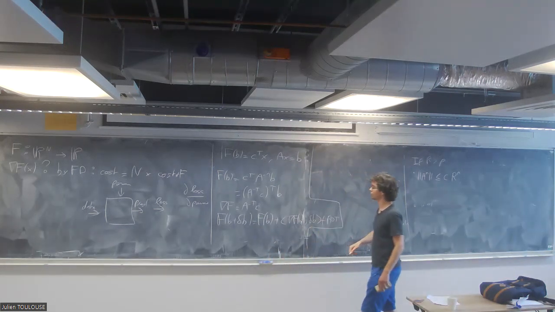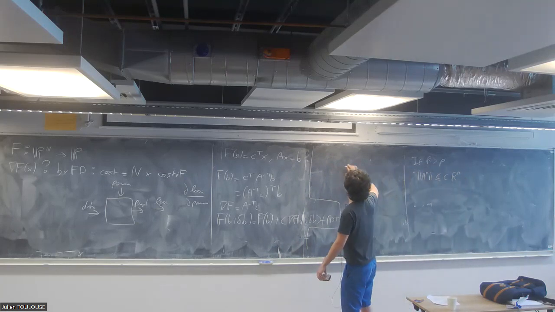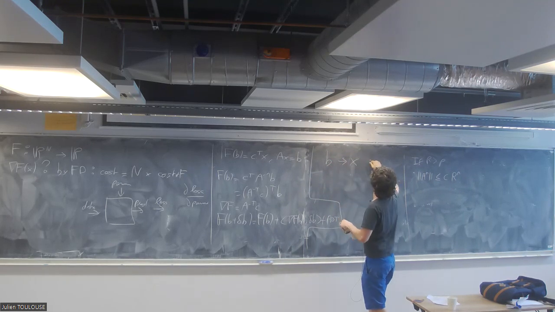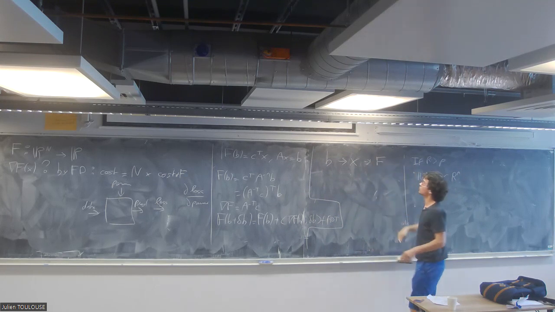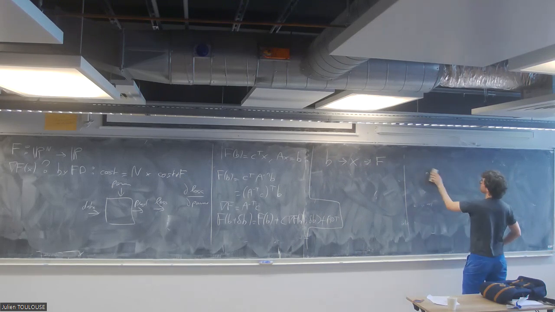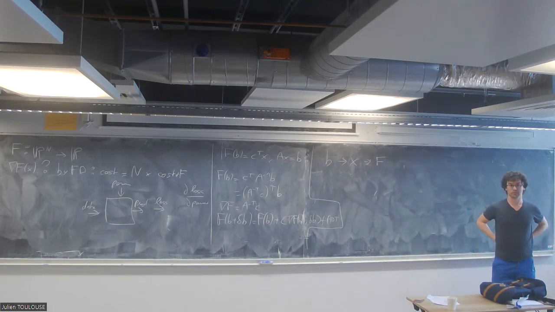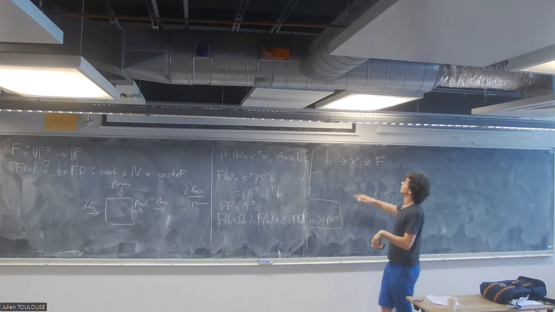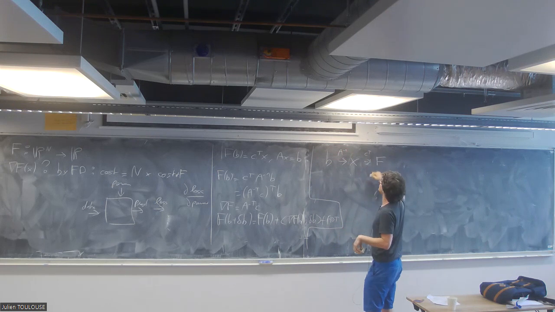For this, it's useful to do things in boxes. So here, you see the mapping goes like this, from B to X to F. What is the mapping? Here, it's A minus 1. Here, it's C transpose.